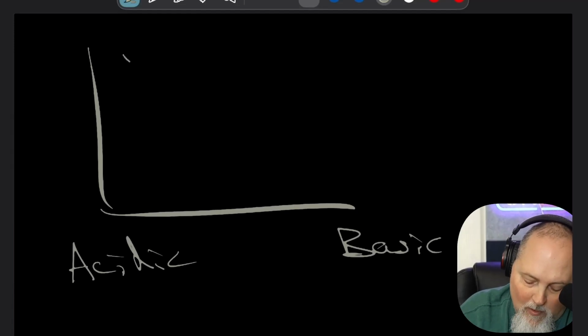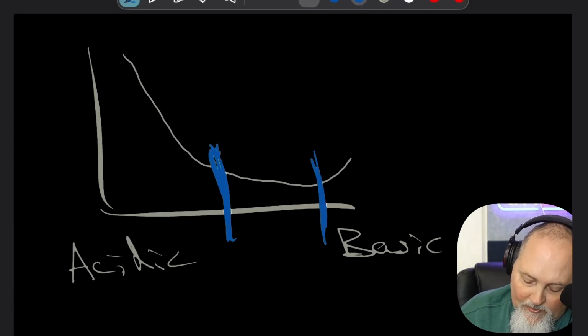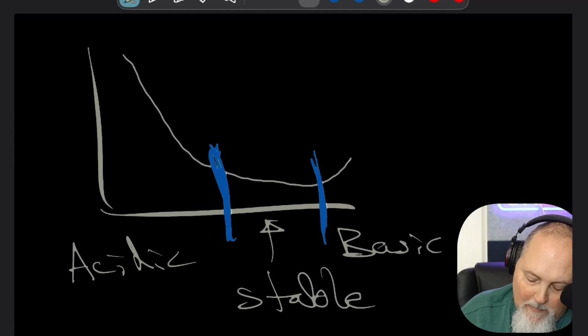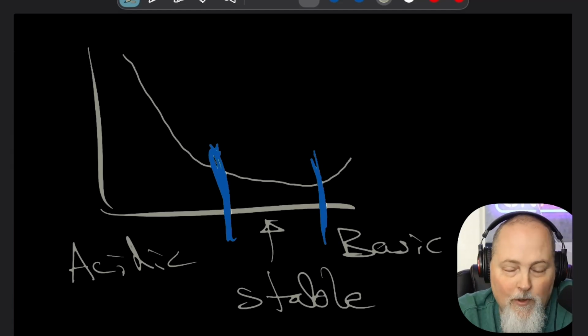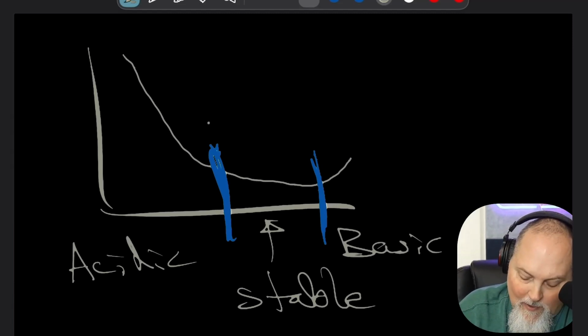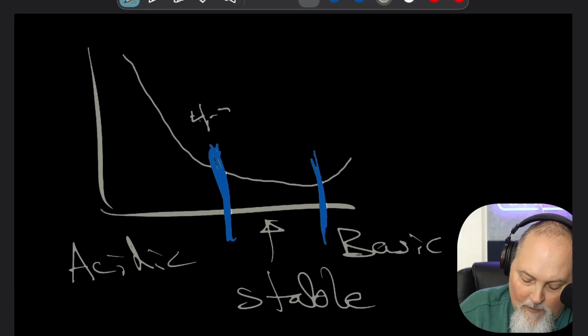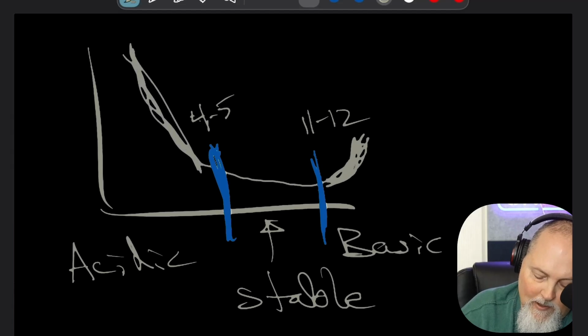If we were to draw that, there's a nice band, let's say right here to here, where it's stable, where corrosion is minimized. I don't remember the numbers off the top of my head. Refer to your PowerPoint for the exact numbers, but my recollection is roughly 4 to 5 on the low end, and 11 to 12 on the top end. So over here, you get higher corrosion rates. Over here, you get really high corrosion rates.